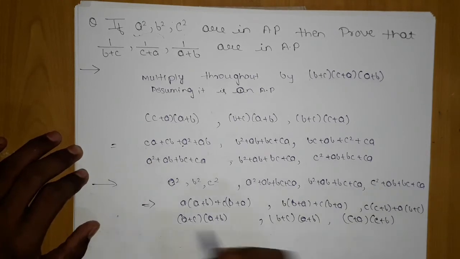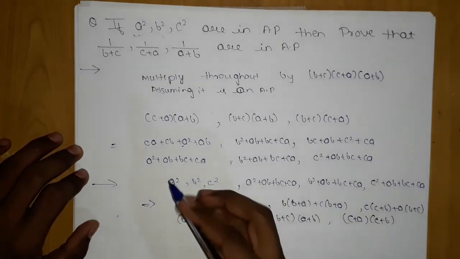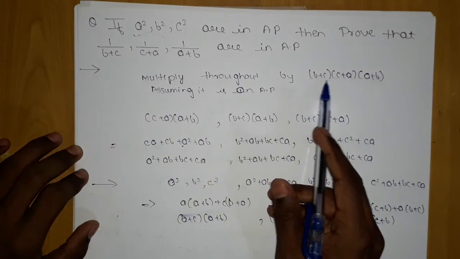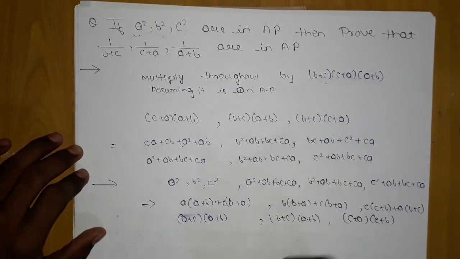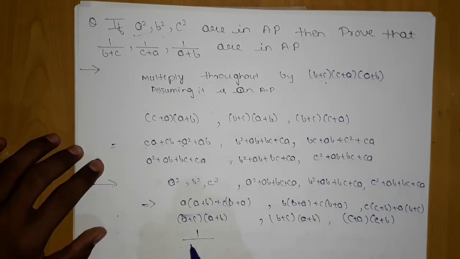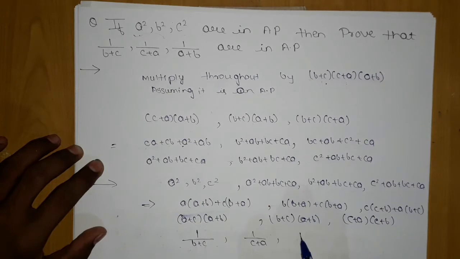If I divide throughout by (a plus b plus c), what do I get? Here I get b plus c, comma, here I get c plus a, comma, here I get c plus a, c plus b.